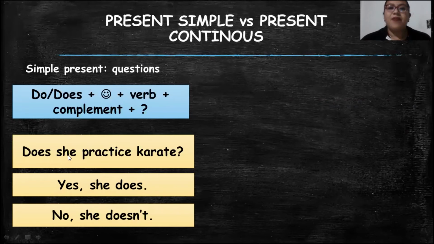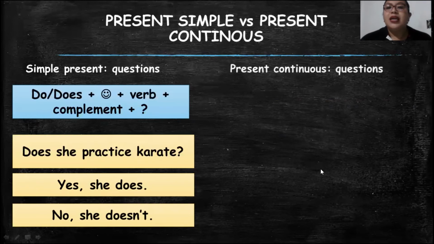And here I have my example. Does she practice karate? Yes, she does. No, she doesn't. Notice that I am using my auxiliary does. Okay, that is the auxiliary for simple present. It can be do or does. Okay, and when we are talking about negative, remember that we use don't or doesn't.